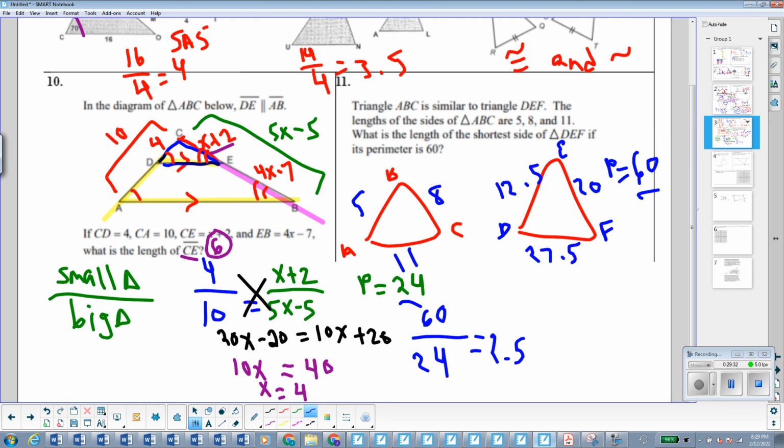Let me just double check that this checks out. I'm going to just add the 3 sides I found together, 12.5 plus 20 plus 27.5, and I do get 60. So I see that the smallest side of triangle DEF is 12.5, so that would be the answer here.